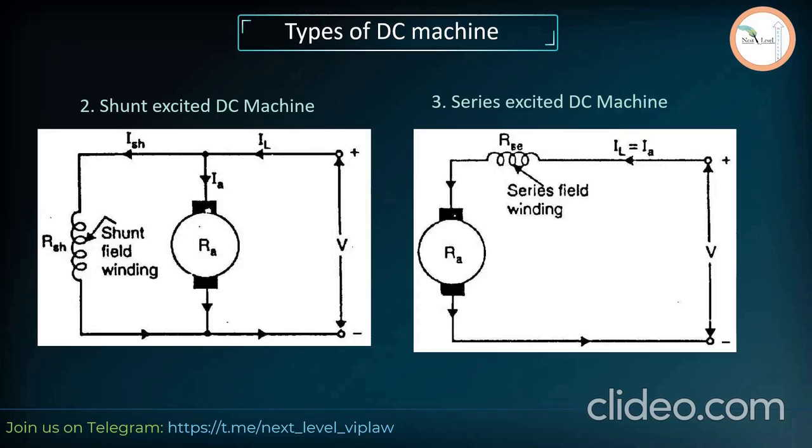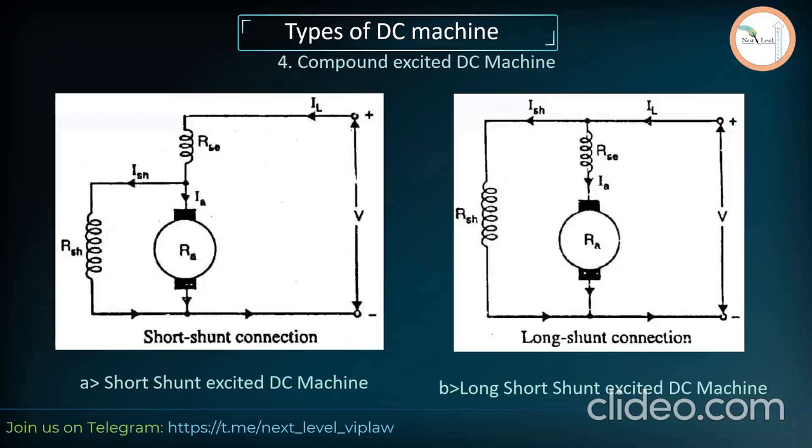And you can also think there is a possibility of interconnection of both the series and shunt, and the name that comes is compound excited. Here we go. Compound excited DC machine. You can see there are two different connections of compound excited DC machine.